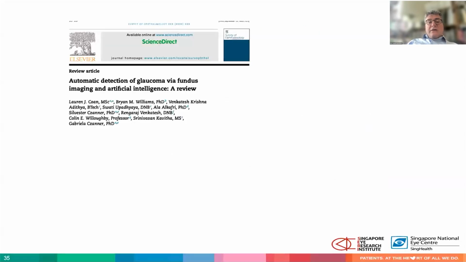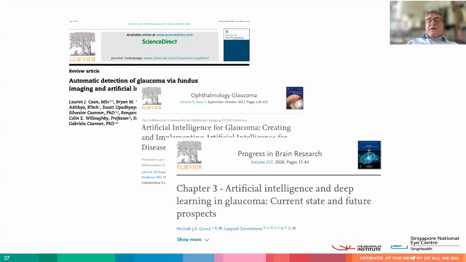Now, I'm not going into all the details of glaucoma detection. I'm sure you have heard about this, and there are multiple excellent review articles, and you will see that there are now hundreds of different CNNs with which you can detect glaucoma based on fundus photography, OCT, visual fields, clinical data, or a combination of those.